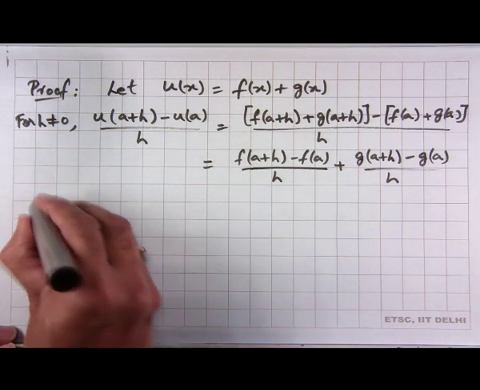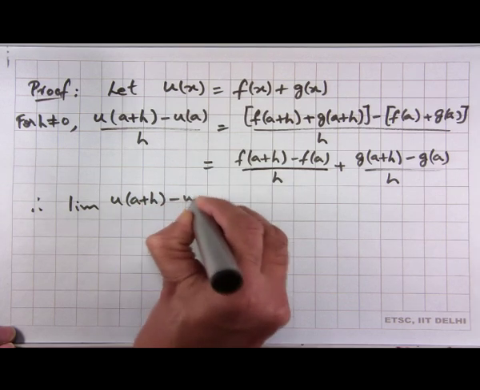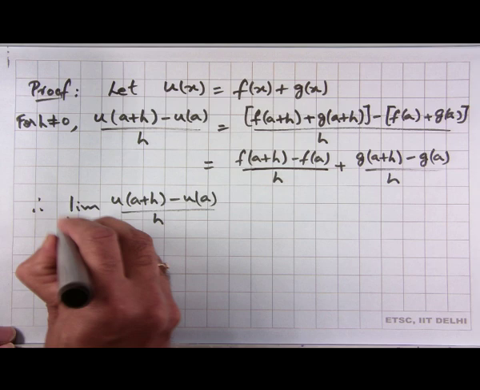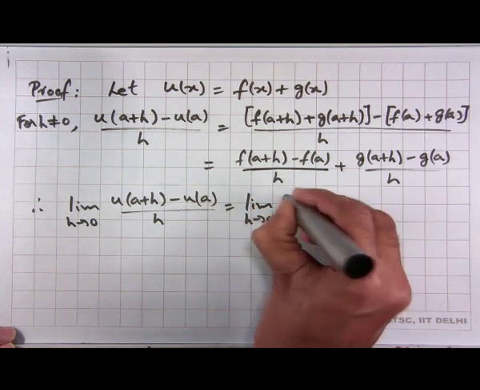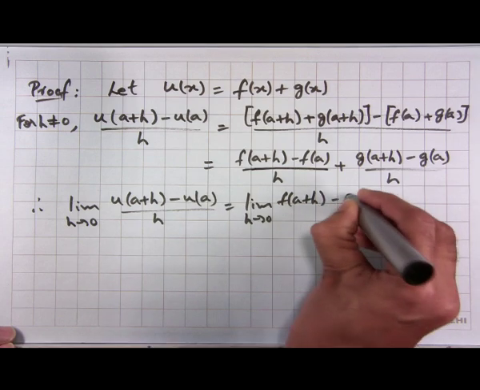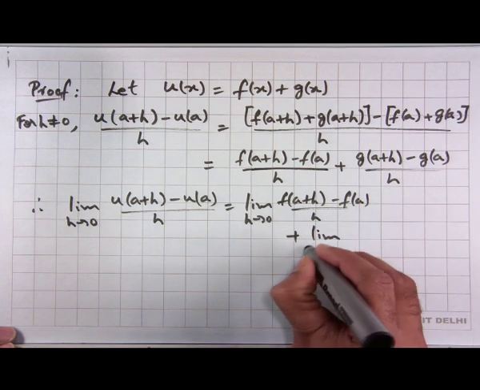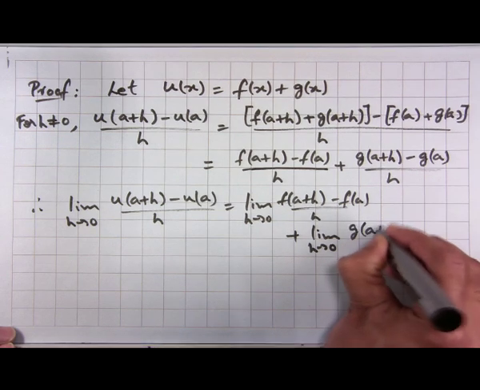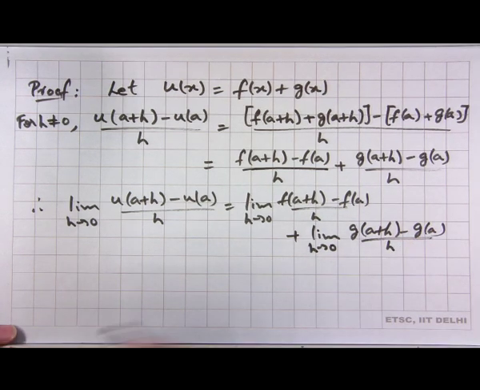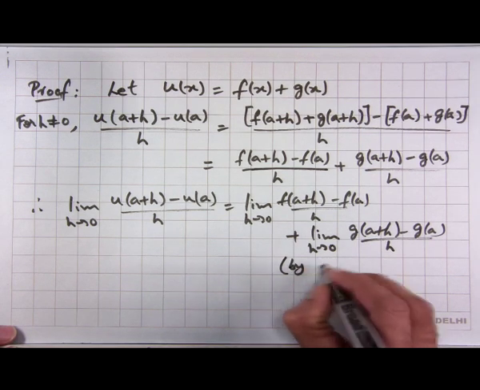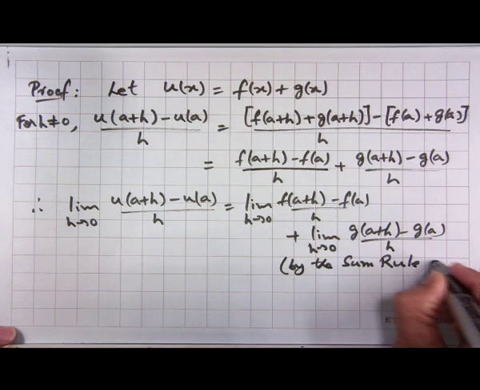So, therefore, the limit of u(a plus h) minus u(a) by h as h goes to 0 is equal to the limit as h goes to 0 of f(a plus h) minus f(a) by h plus the limit of g(a plus h) minus g(a) divided by h. This is by the sum rule of limits.